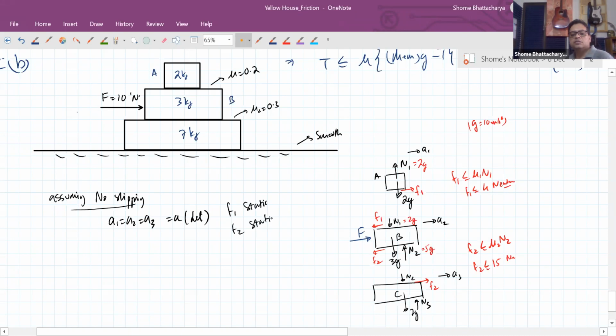Okay. So from the combined free body diagram, applying the force like this, you would get the common acceleration to be how much?